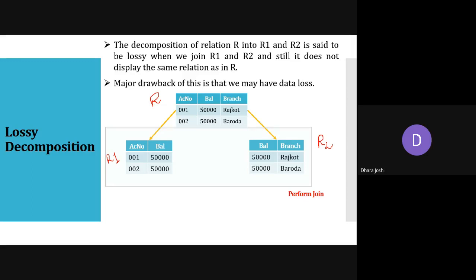But if you remember, whenever we have done the practical, this is just an example, it is not the proper example which you can implement in the lab. Why? Because whenever we are joining, whenever we are matching any attribute, it is always a primary key for one of the tables.